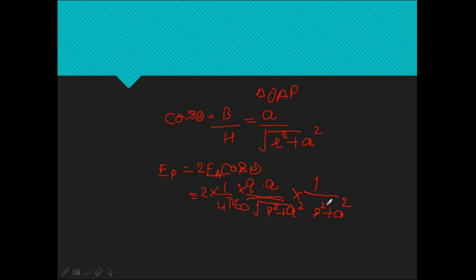This is the value of EA. EA is equal to 1 upon 4 pi epsilon naught q over r square plus a square, and the value of cos theta is here.